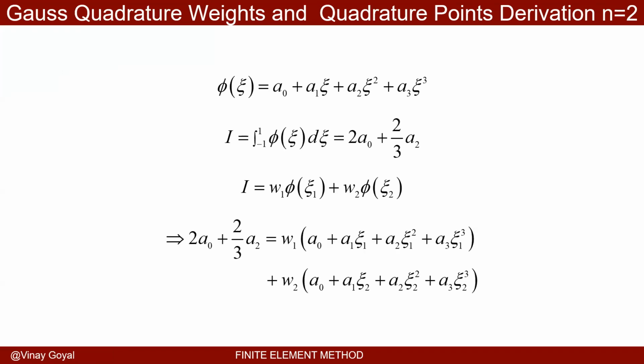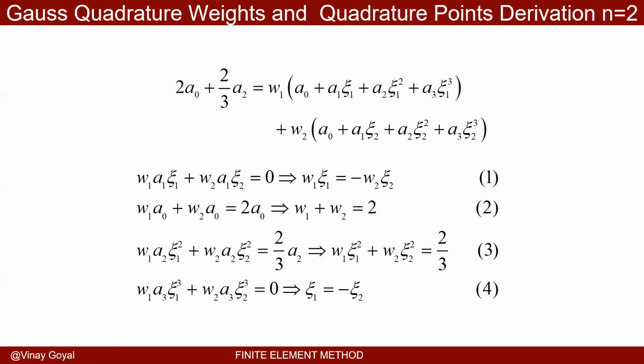So when I do that, when I plug in this and this in here on the right-hand side, I found the integral. The exact integral of a cubic polynomial is this on the left-hand side. Now I have to figure out how to relate this to this thing on the right. So you find that W1 times A naught plus W2 times A naught must be 2A naught.